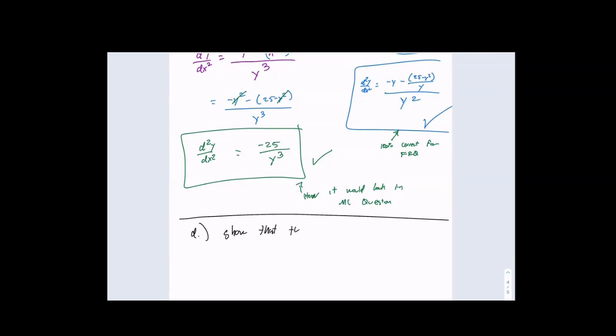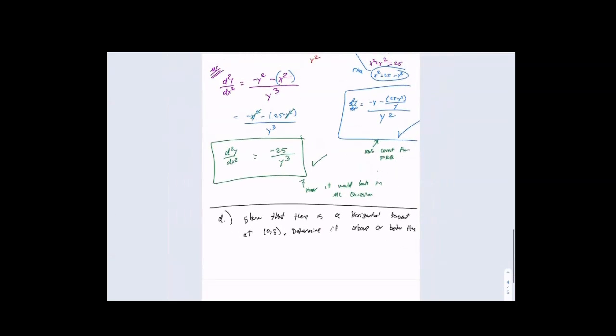Show that there is a horizontal tangent at 0, 5. Determine if above or below the function.